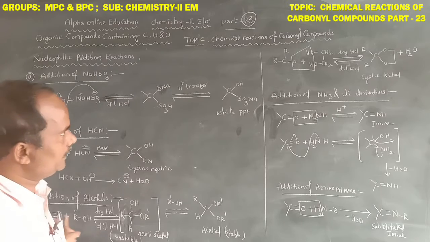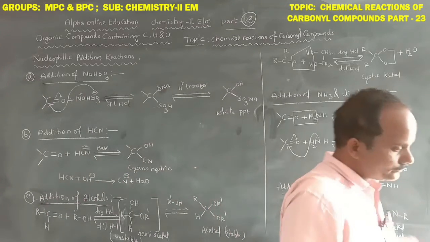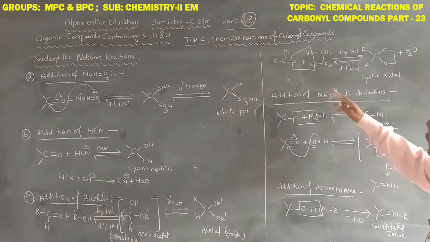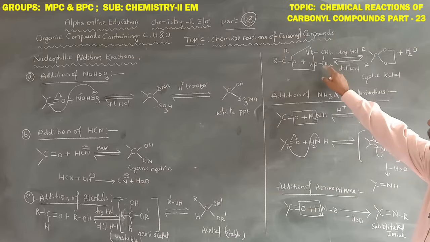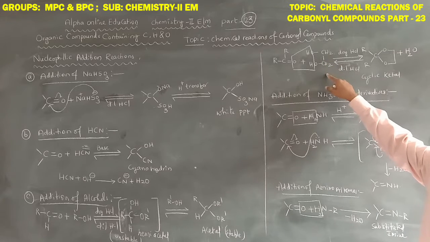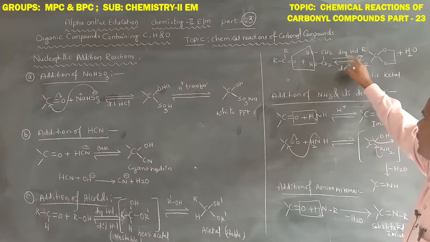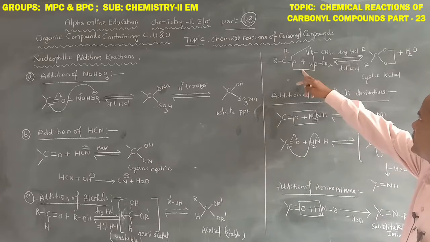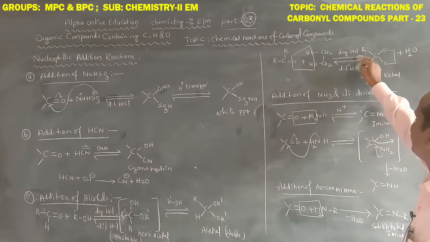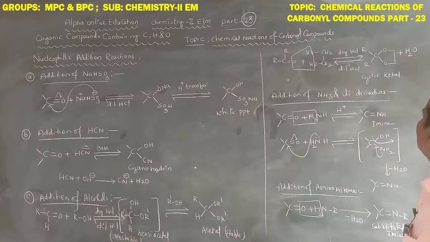Now take the ketones. Ketones only interact with 1,2-diols or glycols. Again this reaction is carried out in presence of dry HCl. Then simply removal of a water molecule takes place.